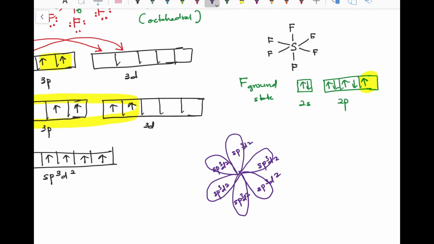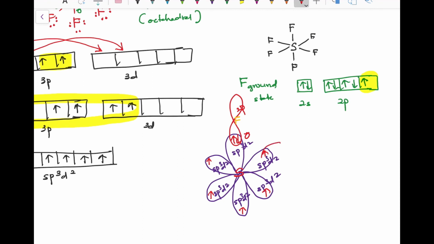Each lobe has one electron. The electron is from sulfur, and it will overlap with a 2p orbital. 2p, the shape is a dumbbell. This is 2p, it brings another electron, and it forms a sigma bond. It represents a fluorine atom.